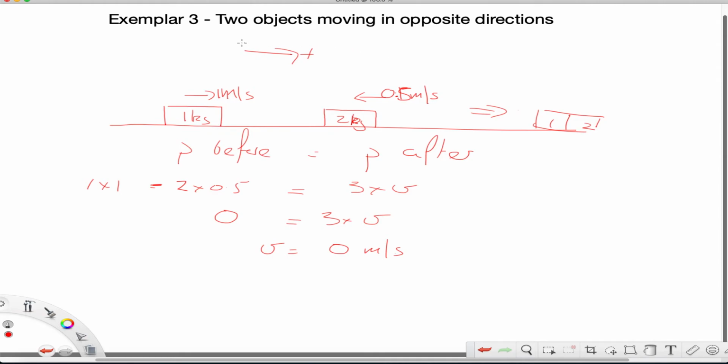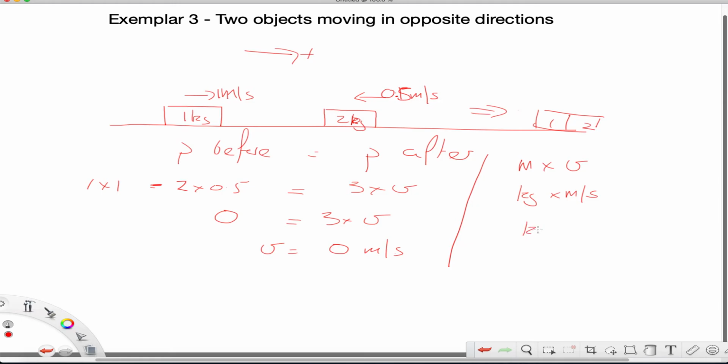Or the total momentum before the collision is 0, because I've got 1 in this direction and 1 in that direction. And let's just look at the units of that, because it's uncomfortable talking about numbers without units if they deserve units. So we are multiplying mass by velocity, mass is in kilograms, velocity is in meters per second.